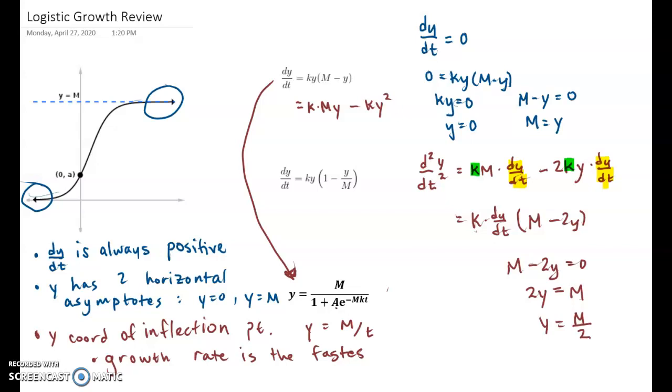So in order to find that capital A, you'd have to plug in your initial population. But you can go straight from the differential equation to this. You can replace this m with the carrying capacity, and you can replace this k with the k. But in order to solve for A, you need an initial condition. Okay. That's everything about logistic growth.